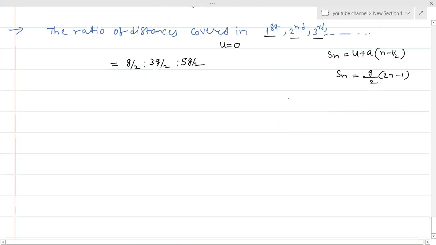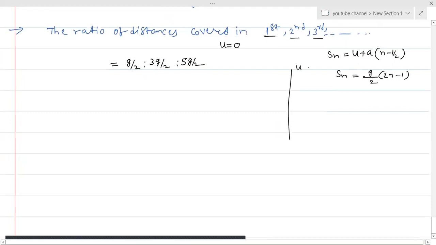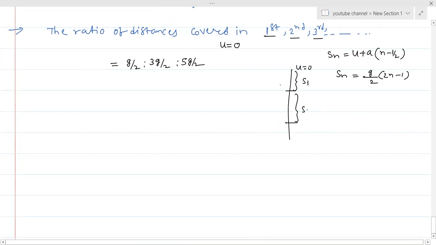So when we think of a freely falling body, this is the distance covered in the first second, and this is the distance covered in the second second. If this is g by 2, then this will be 3g by 2, so the previous distance plus g.